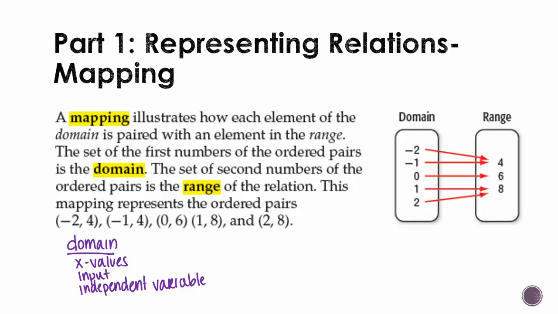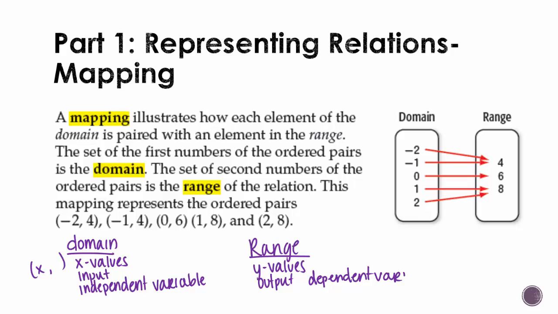And it's always the first thing, the x in the ordered pair. Your range is the second set of numbers. Your range is always your y values. It's your output, your dependent variable, and it's always the y part of your coordinate.